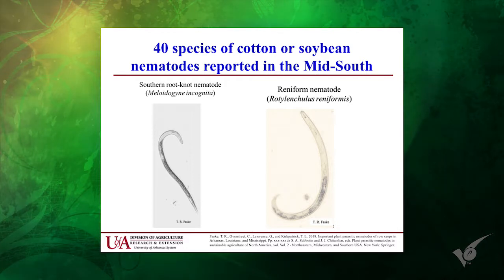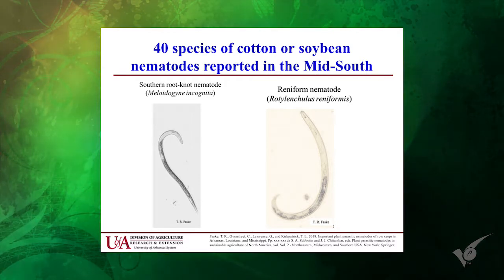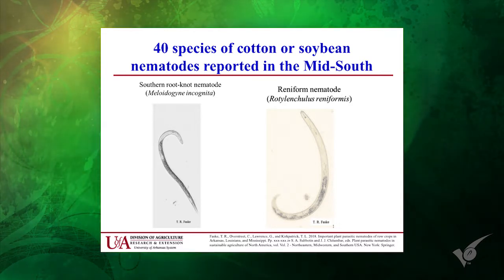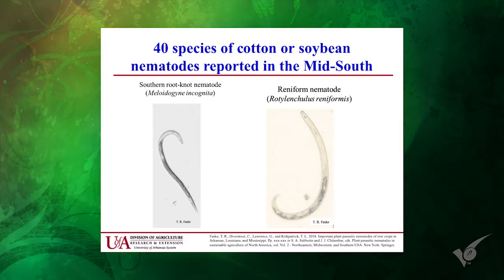If you look at the number of plant parasitic nematodes that affect cotton and soybean in the Mid-South, there's about 40. Without taking a soil sample, you have no idea which ones of those you have. Primarily, all of the research we spend is on looking at 2 species, maybe 3.